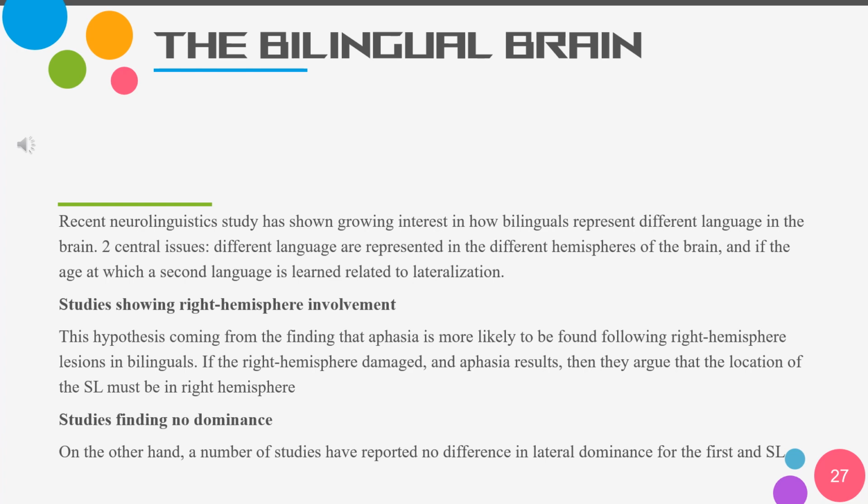All in all, the right hemisphere's involvement in so many studies suggests the distinct possibility that a second language is sometimes located in the right hemisphere and sometimes not. There may be variables that determine hemispheric location, but these have not been identified yet. One such factor may be the age at which the second language was learned.